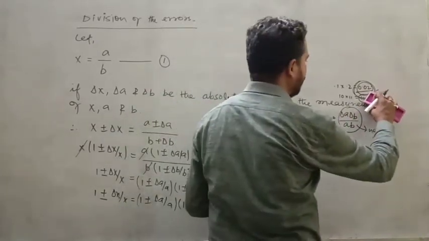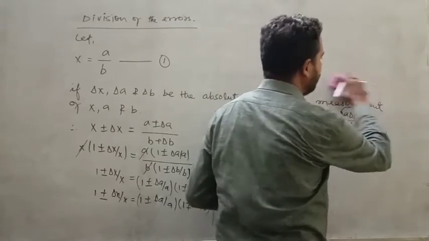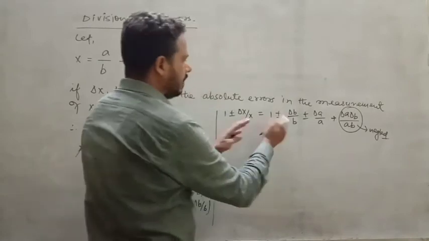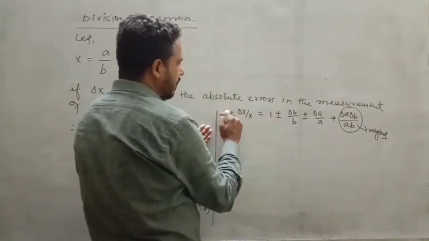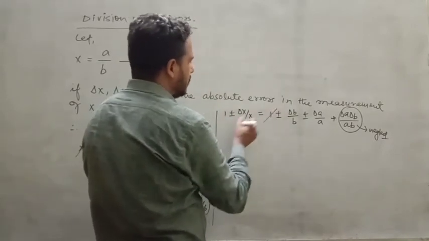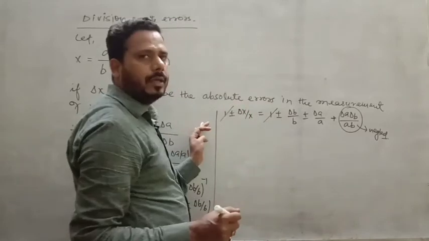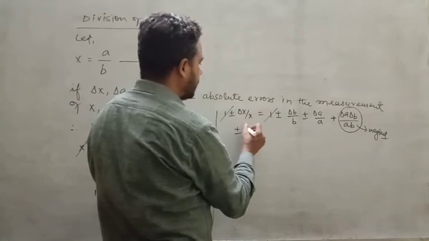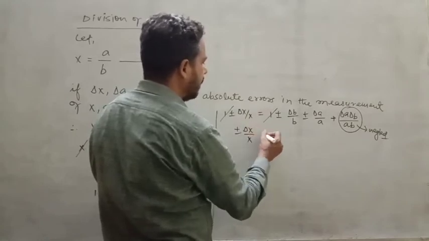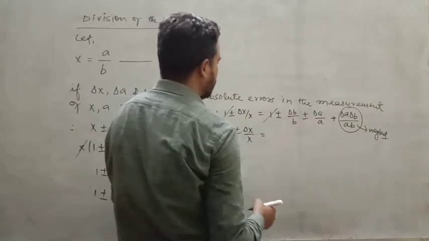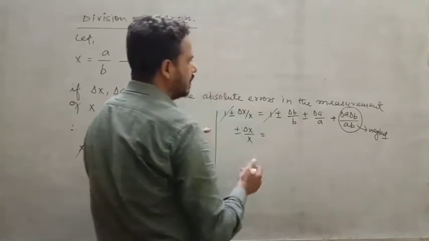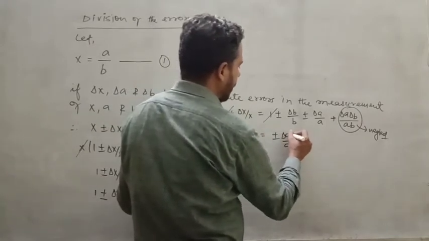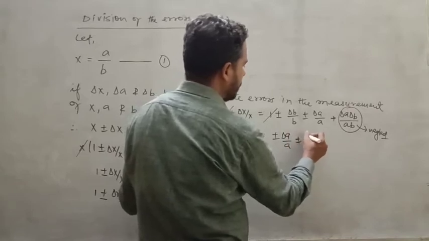Now you see that there is a 1 on the right side and the same 1 on the left side, so these will cancel. Now you are seeing that plus minus delta x by x is equal to plus minus delta a by a, and then again plus minus delta b by b.